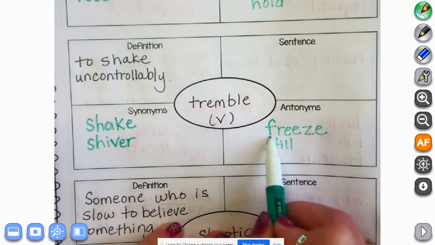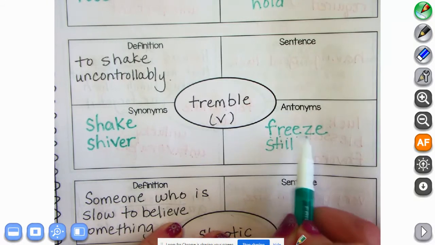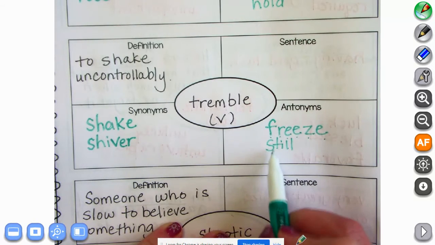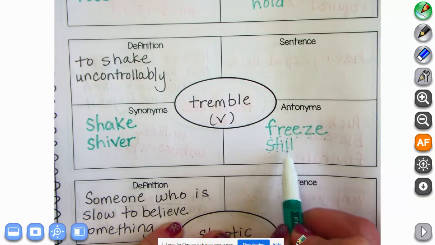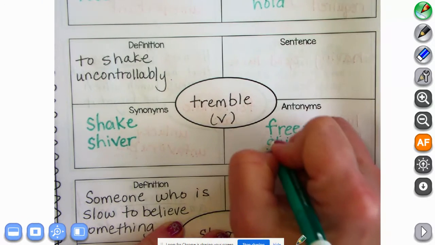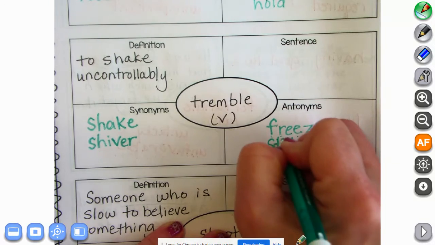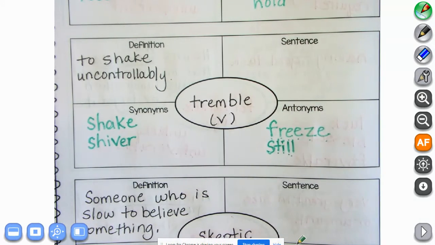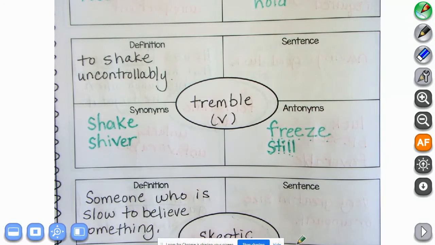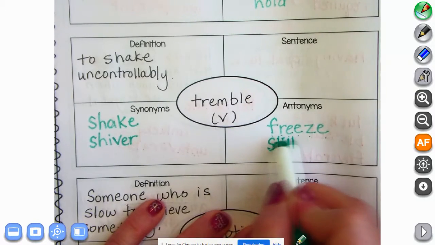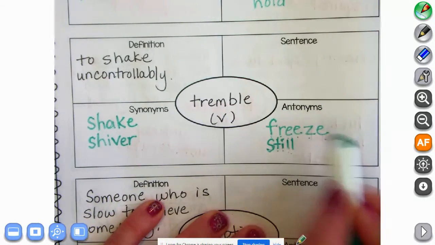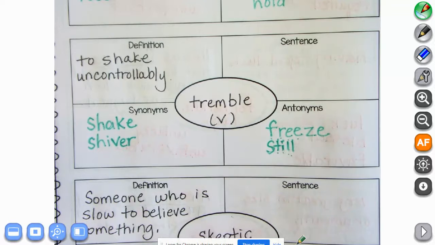So freeze, F-R-E-E-Z-E, and still, S-T-I-L-L. Still. Shake and shiver, and freeze and still.